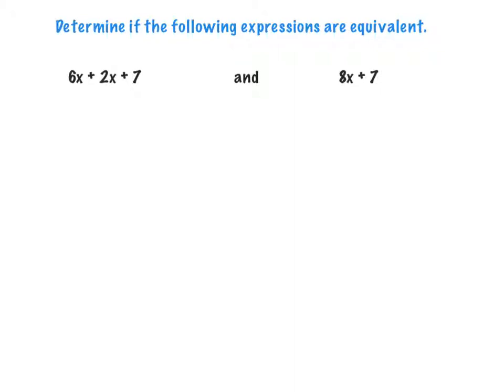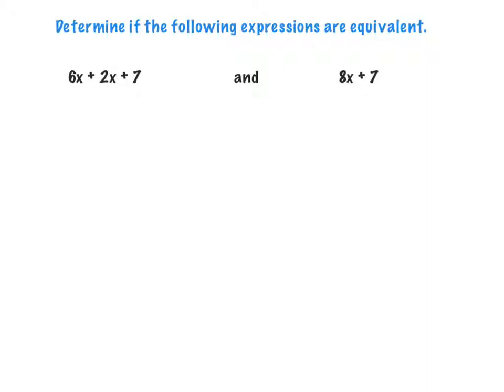Now we are looking at expressions, and we are going to determine if these two expressions are equivalent, and I'm going to give you two different strategies that you can use. The first strategy we are going to look at is simplifying the expression. So I'm trying to determine if 6x plus 2x plus 7 and 8x plus 7 are equivalent expressions. So I'm going to look at both of them and determine if I can simplify them any further.